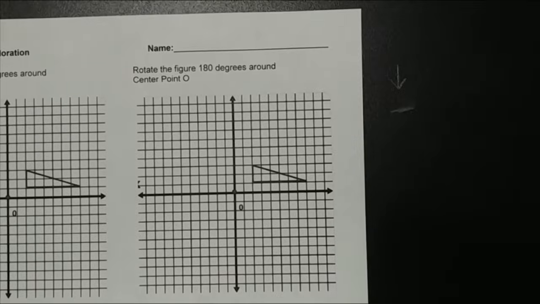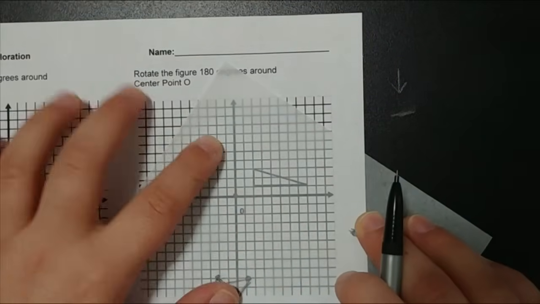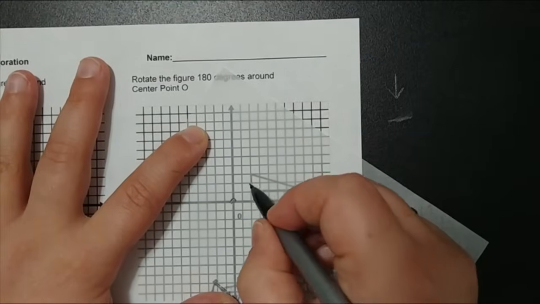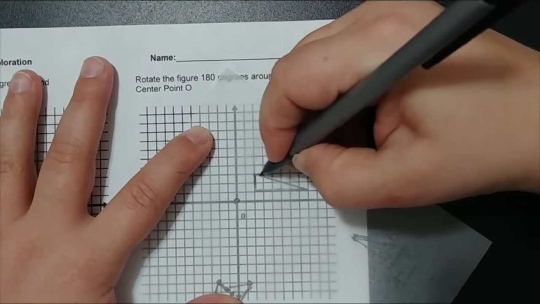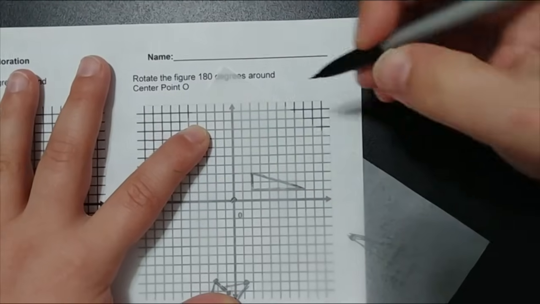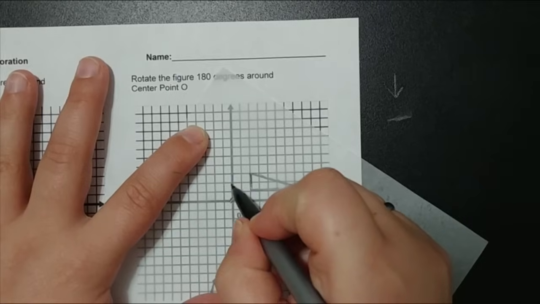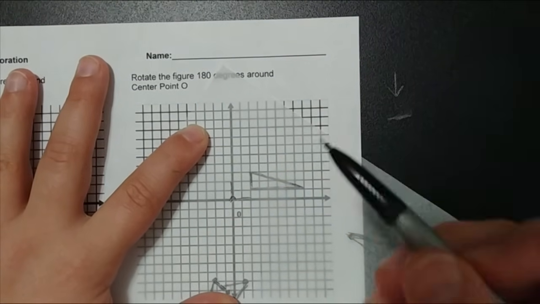Our last rotation, 180 degrees. So let's get our patty paper. Trace the location of our center point. Trace the triangle. Oh, that one's really good. So back to thinking about 90 degrees. So we're going to trace where the y-axis is, trace where the x-axis is.